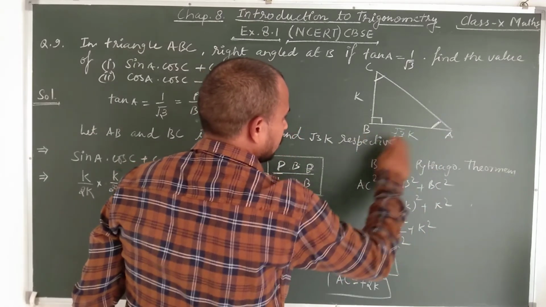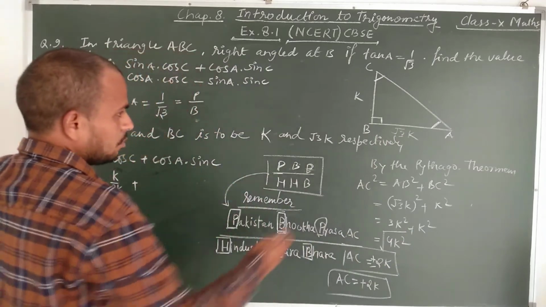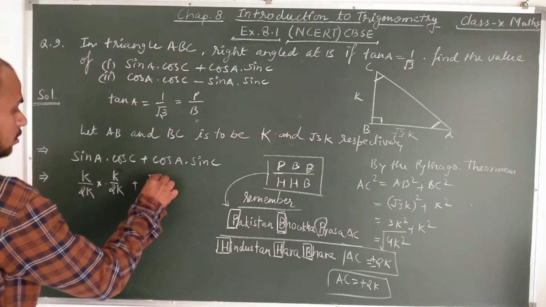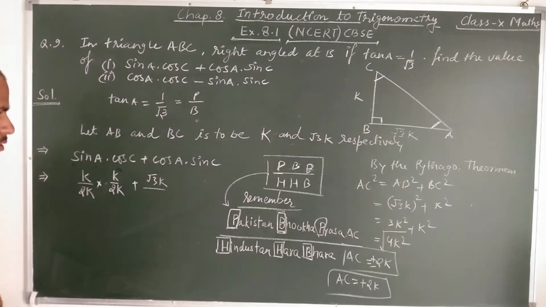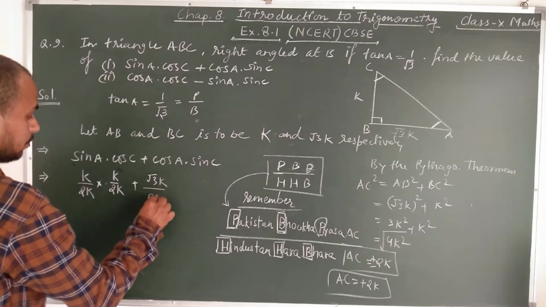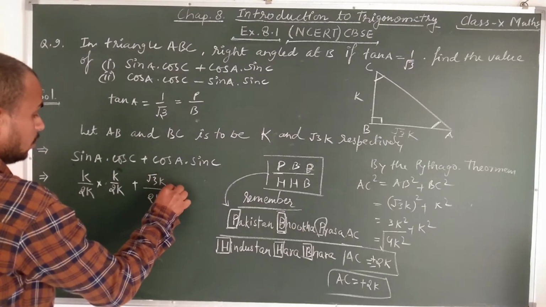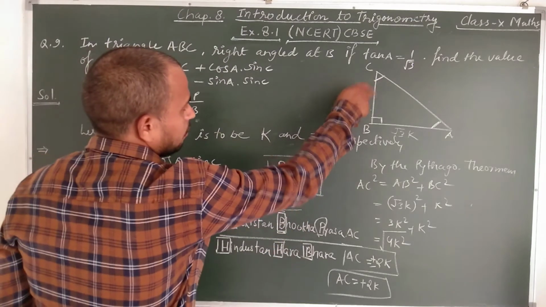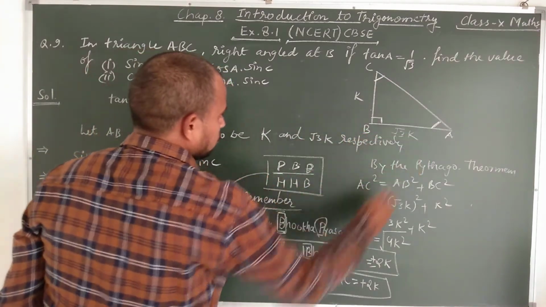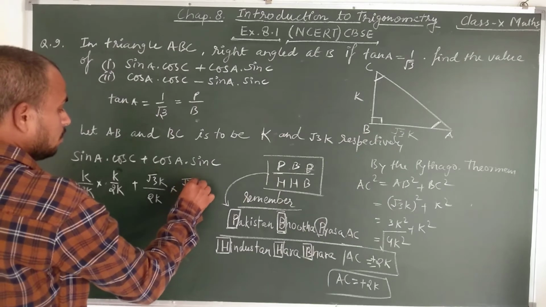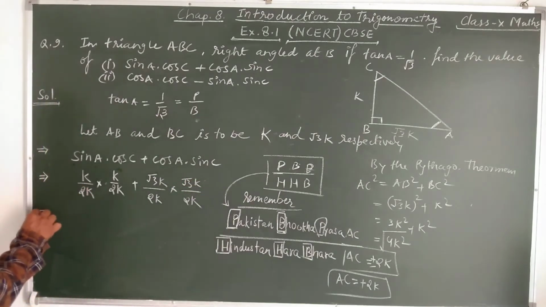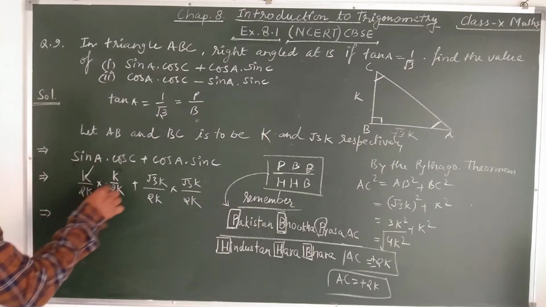Plus cos A. For angle A, cos means base upon hypotenuse, and base is AB, so AB upon AC means root 3k upon 2k, into sin C. For angle C, sin is perpendicular upon hypotenuse. Perpendicular is root 3k and hypotenuse is 2k. So k cancels out.